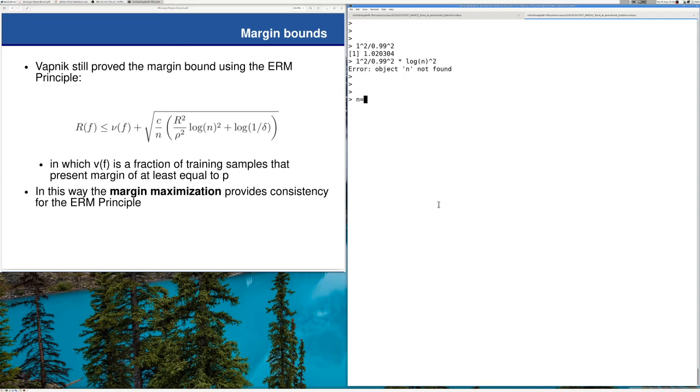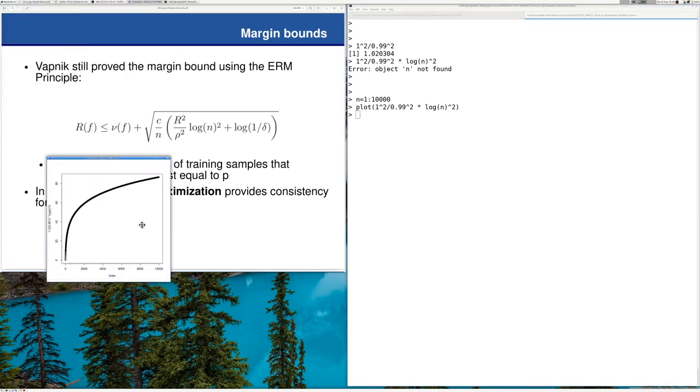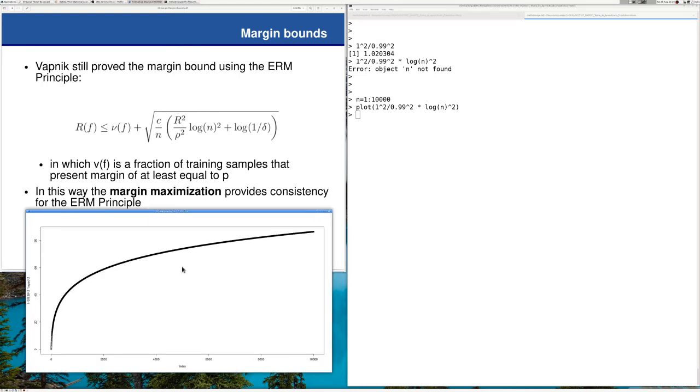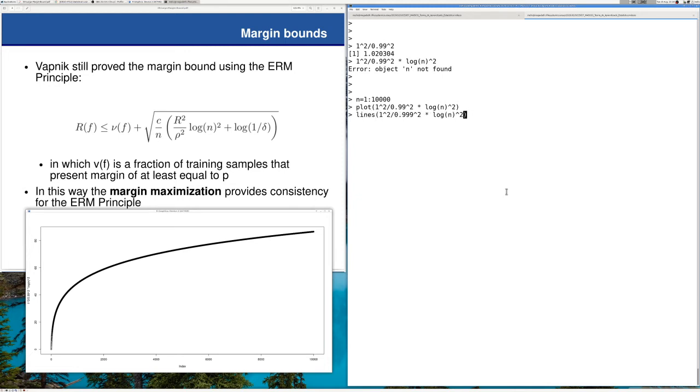Let's define my n from 1 to like 10,000, and I will plot this so you guys can see how my shattering coefficient reacts. Of course, if instead of that, let's suppose I have 0.999 over here, and I plot it using some red line, it's going to be smaller, even smaller, my shattering coefficient.